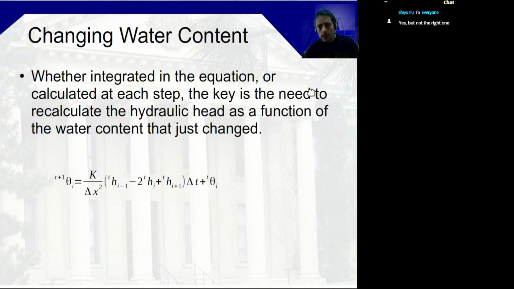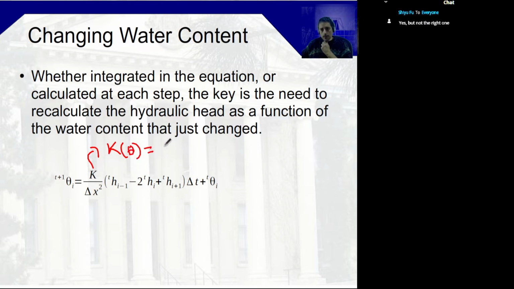So the thing is, though, that you need to calculate water content. The hydraulic conductivity can be a function, in these types of problems, of the degree of saturation itself. So the hydraulic conductivity is not a constant anymore, but it becomes a function of water content, right?